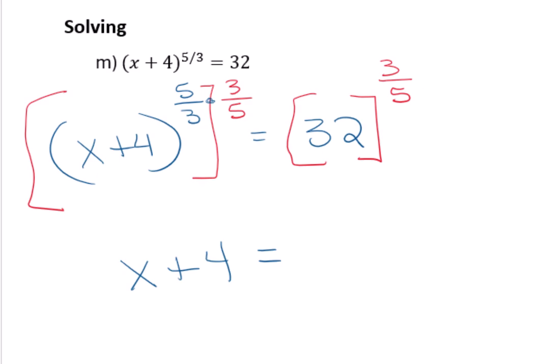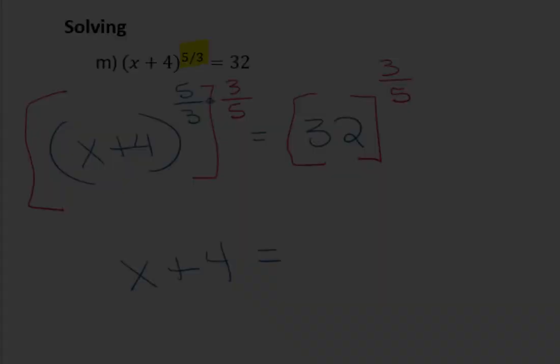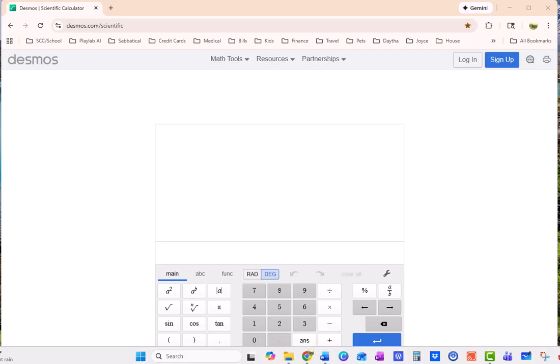It's up to us if we want to leave it in terms of fractions. My rule of thumb is usually if it started with a fraction exponent, leave it as a fraction exponent. But sometimes these can be reduced. We can simplify any of those numbers using our calculator or Desmos.com online.